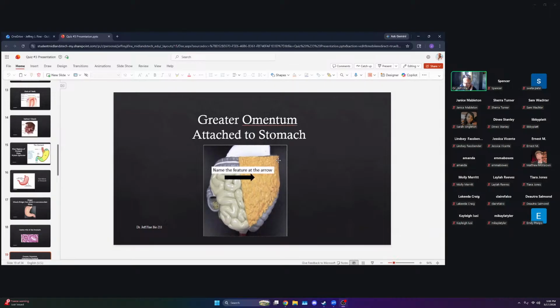Okay. So this greater omentum, this sheet that would cover the entire region here, kind of anchors everything into place and keeps things from moving around. You'll definitely want to know the greater omentum. And in fact, if it were me, I would think that this looks a lot like the quiz question.